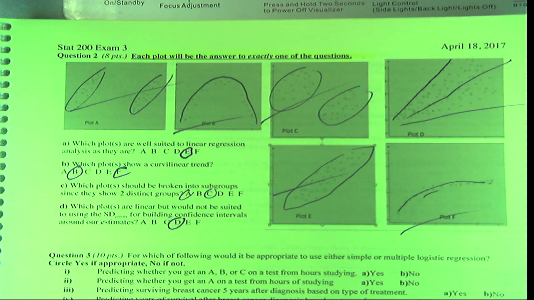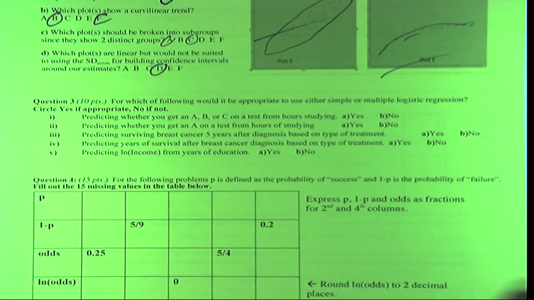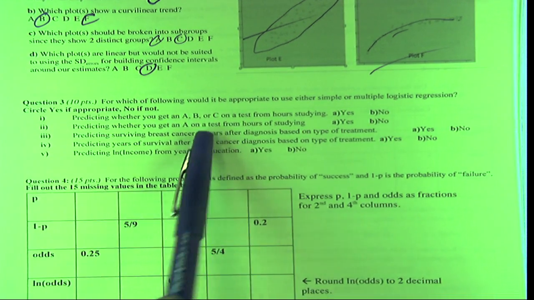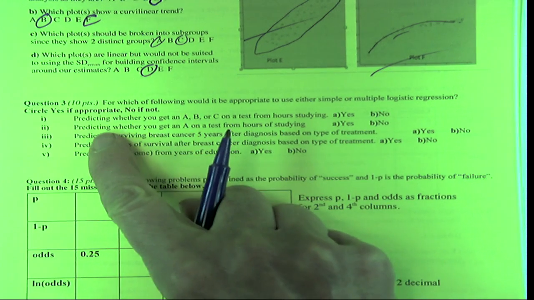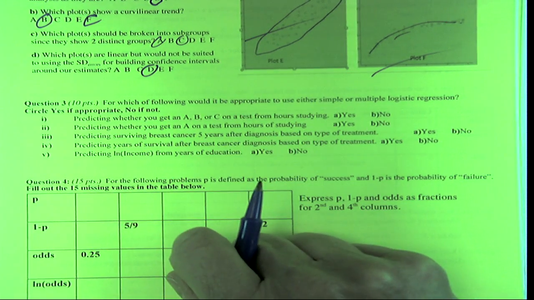Now, this is easier to read if I look up there. Why don't you just take a minute and make sure you can answer these right. People had problems with this first one. For which of the following would it be appropriate to use either simple or multiple logistic regression?